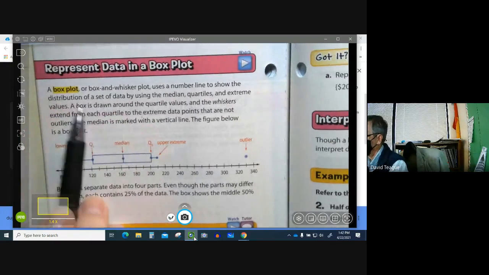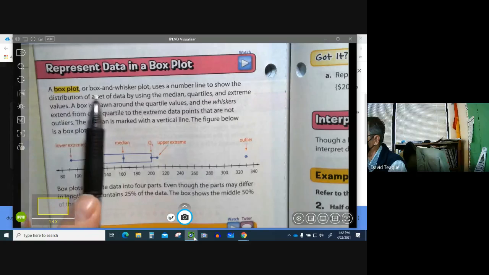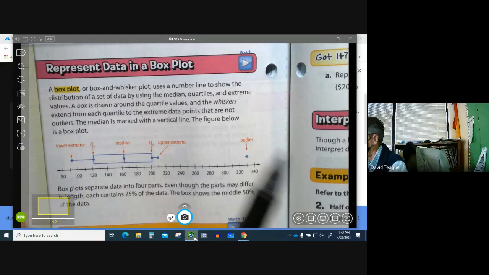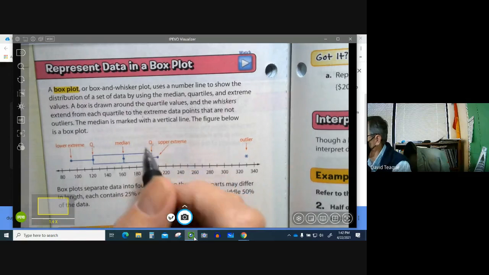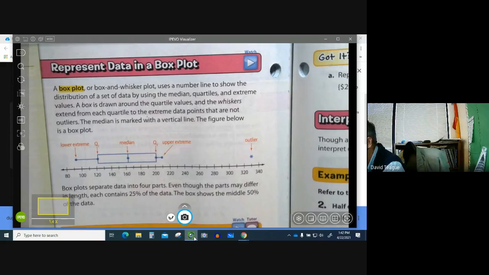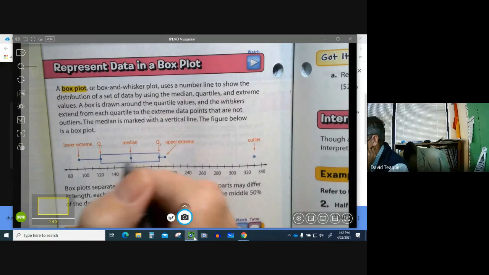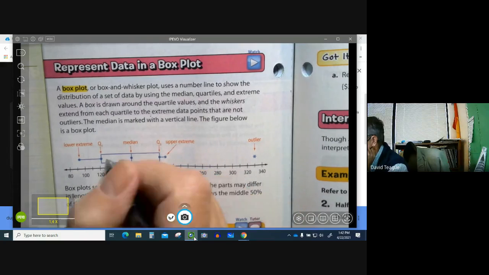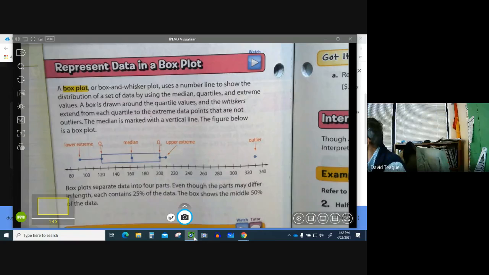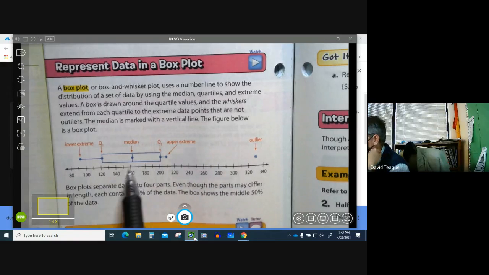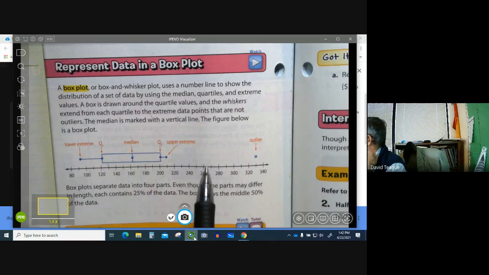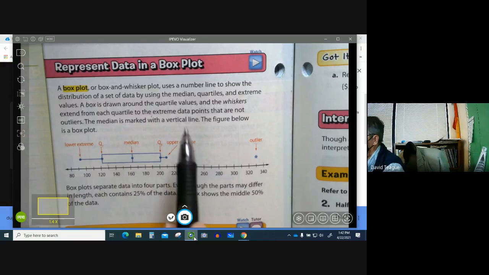A box plot, or box and whisker plot, is called that because if you were looking at a dog or a cat straight on, this would be their face and this would be their whiskers. The whiskers stick way out. That's why they call it a box and whisker plot.